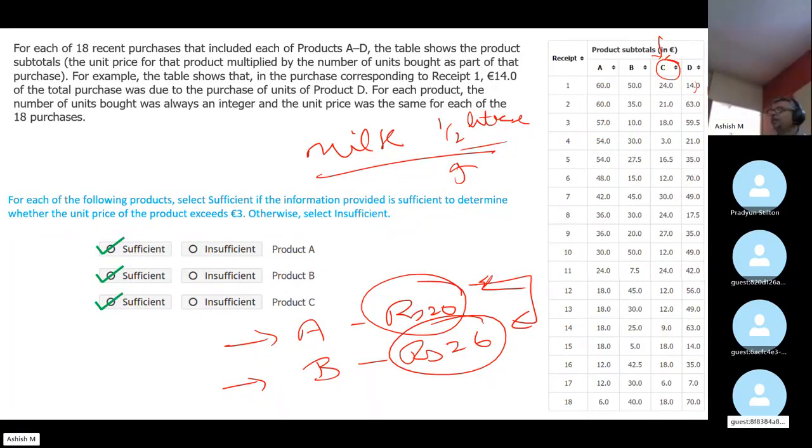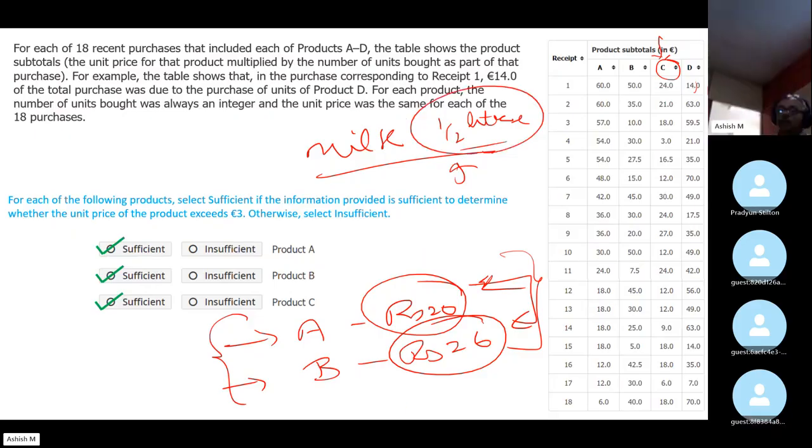We are not given how many. Milk can only be bought in half-liter pouches, so you can't order half a pouch; you can only order integer pouches. So if customer A paid 20 rupees and customer B paid 26 rupees, the cost of one half-liter pouch cannot be greater than 6.